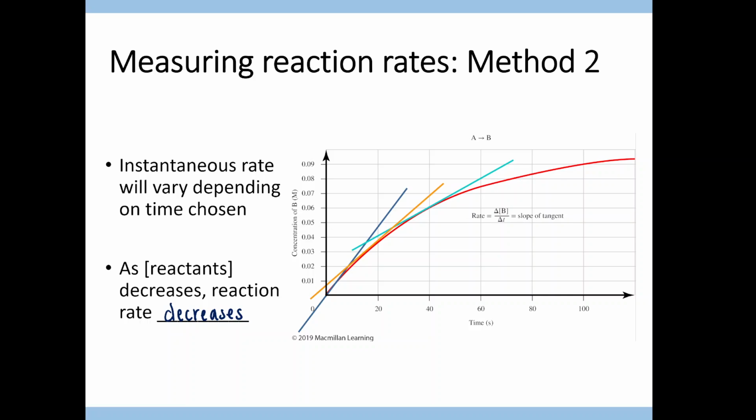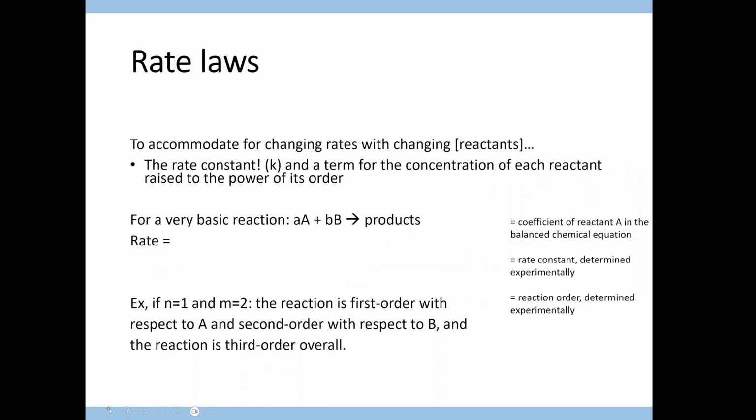But we can write rate laws to accommodate for changing rates with changing concentration of reactants. We use the rate constant, which is lowercase k. And we use a term for the concentration of each reactant raised to the power of its order. So a lot of new concepts here.